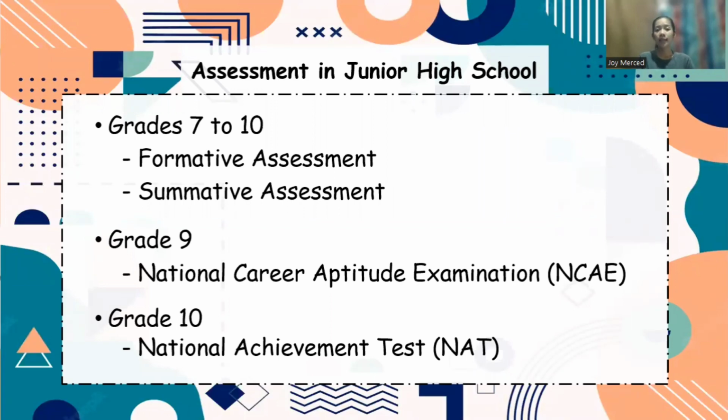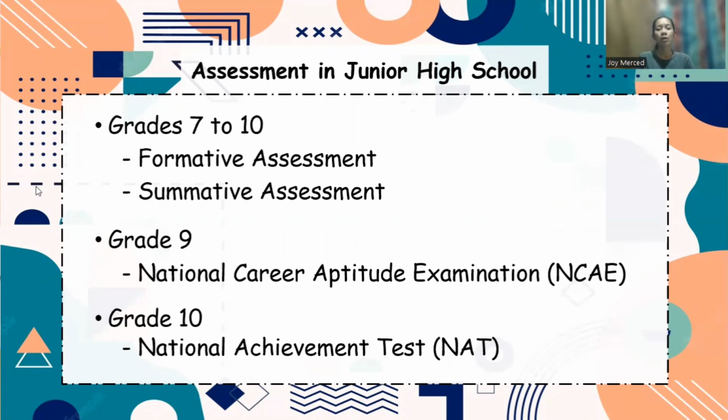The NCAE is an aptitude test meant to provide information through test results for self-assessment for career awareness and career guidance of high school students for their post-secondary courses or application for scholarship. Test taking is mandatory, but test results are recommendatory.